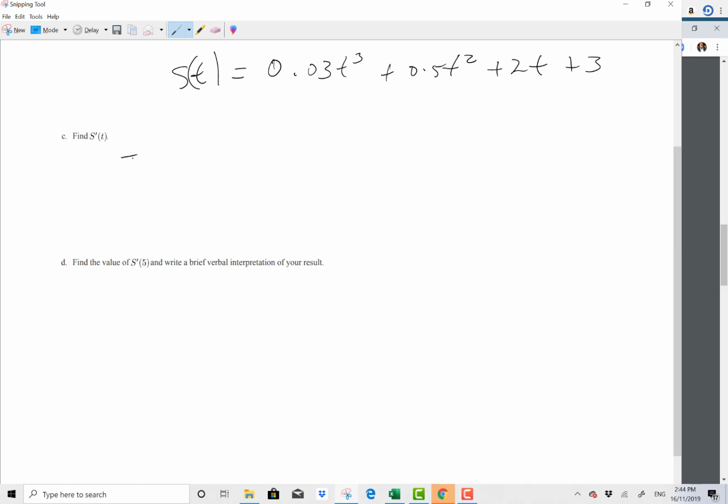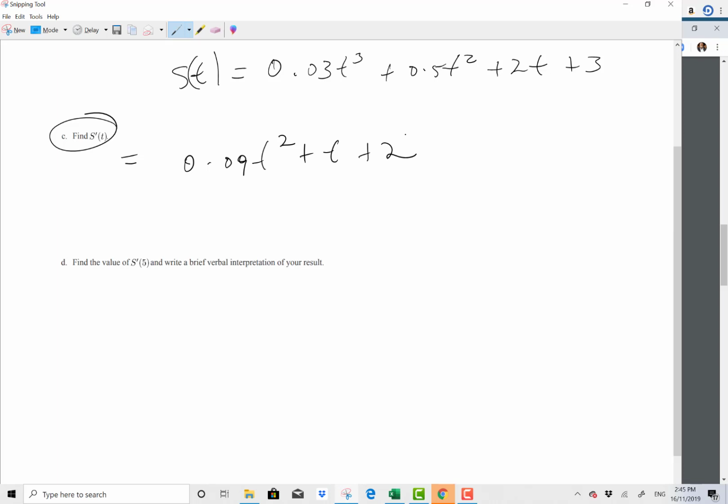S of t prime is then going to be equal to the derivative of that, which is going to be 0.09 t squared plus, if I differentiate 2t, I'm going to get just t, and that's going to be plus 2.